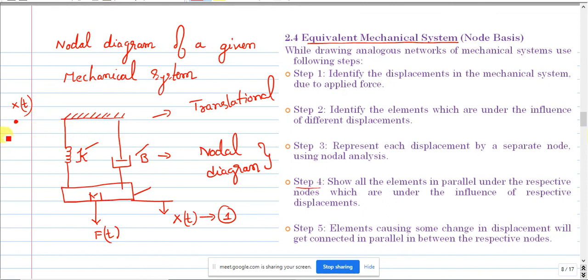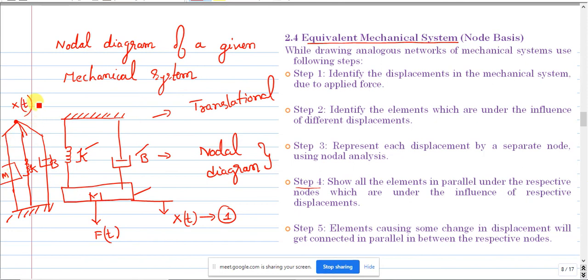If I draw in parallel, I will draw 3 parallel lines, and each line will contribute mass, spring and friction. Let me say this is mass m, this is k, and this is friction. So these 3 will come under x of t. That is the meaning, and you should ground that.